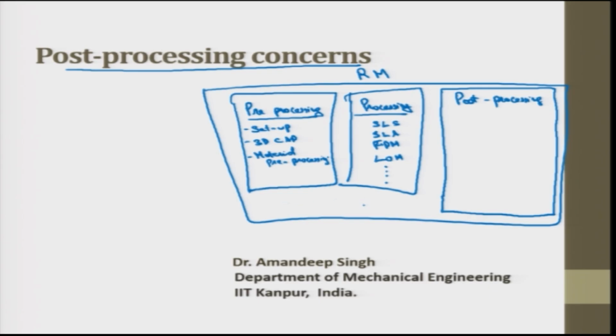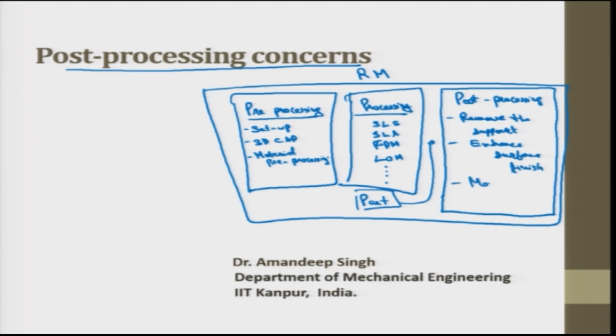We get a part that is now taken here, and we remove the support material, or we enhance surface finish, or we do certain machining or heat treatment to get the desired product with the accuracy and the properties that we need in the final applications.